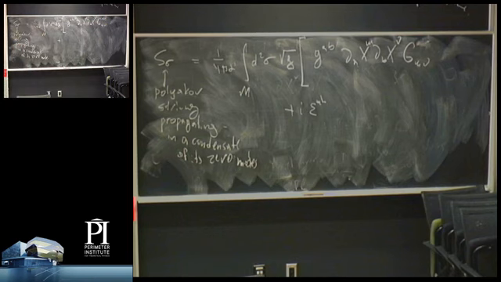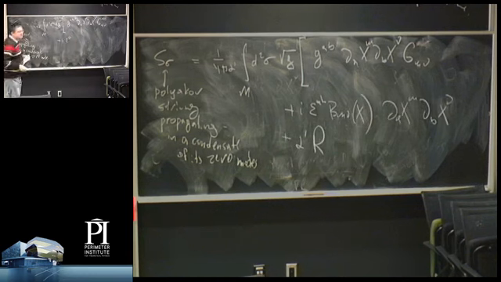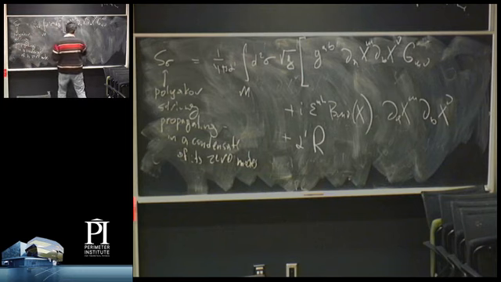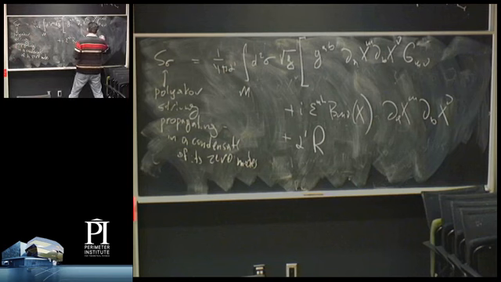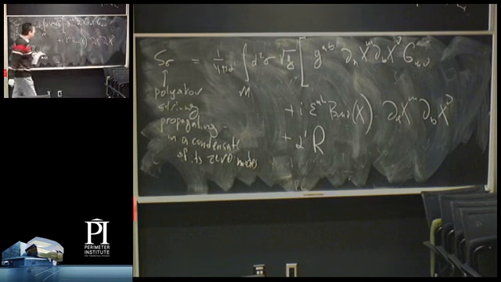If I go to Minkowski space-time, there is no i. So I have epsilon^{ab}, the antisymmetric tensor. Then I have B_{mu nu} as a function of x, and then I have del_a x^mu del_b x^nu.